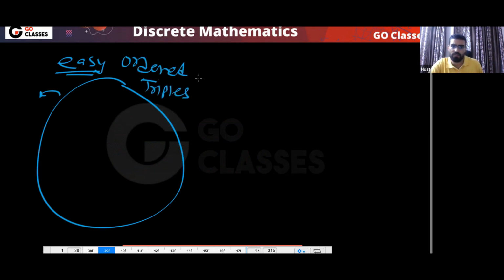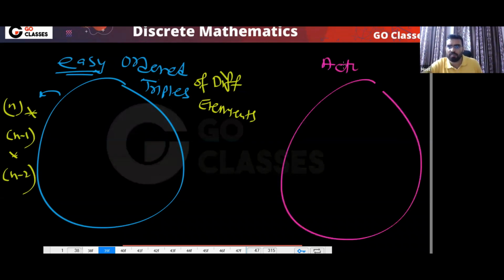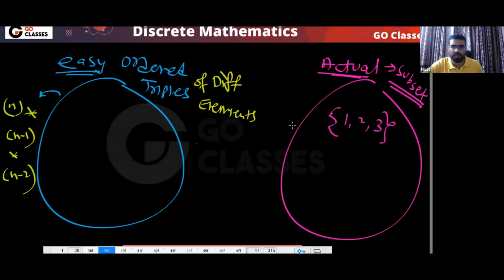So how many ordered triples of different elements? You know that it is n into n minus 1 multiplied by n minus 2. But the question is actually asking how many subsets of size 3 you can create.